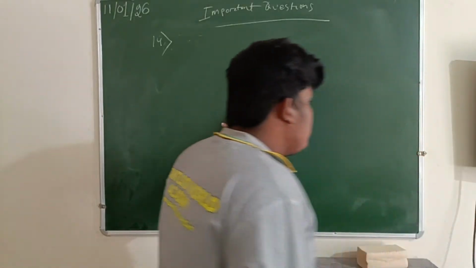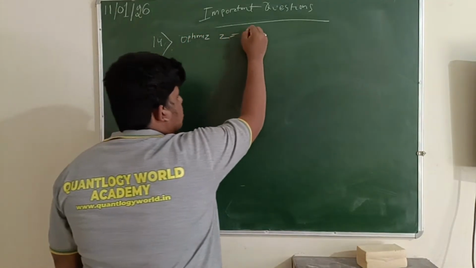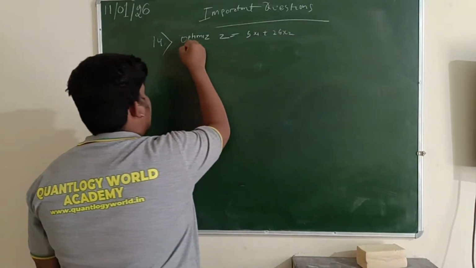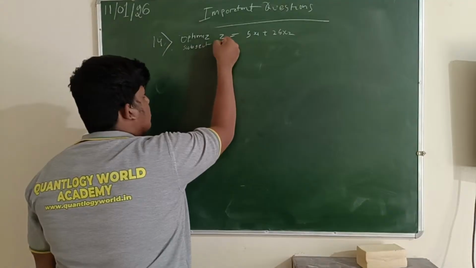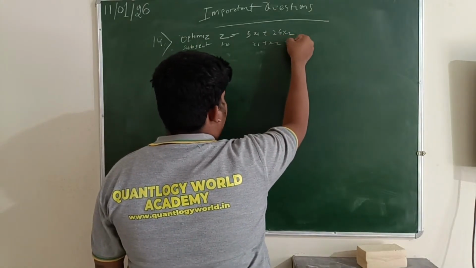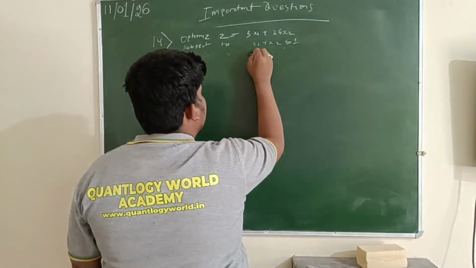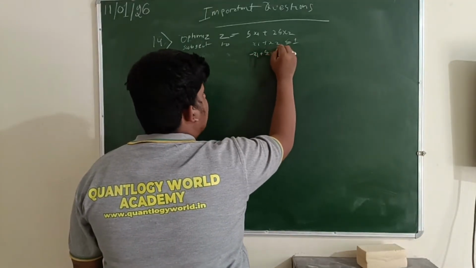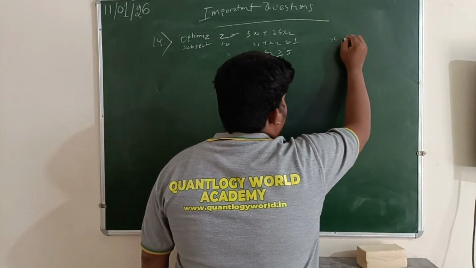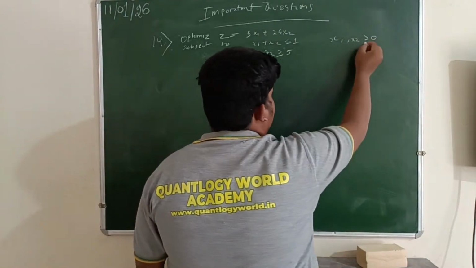So the LPP question is: optimize z equals 5x1 plus 25x2 subject to x1 plus x2 less than or equal to 1, then minus x1 plus 5x2 greater than or equal to 5, and here x1, x2 greater than or equal to 0.